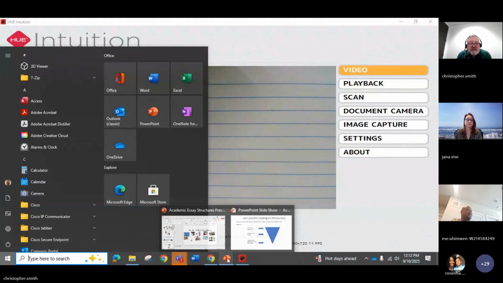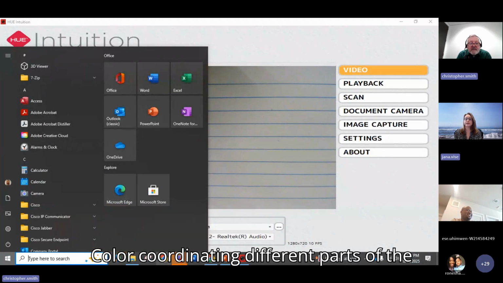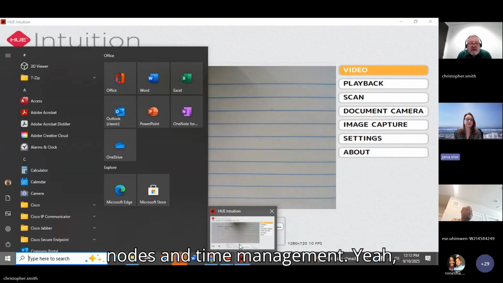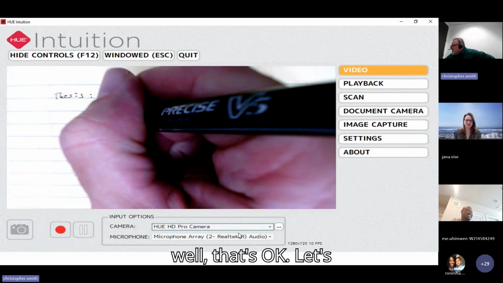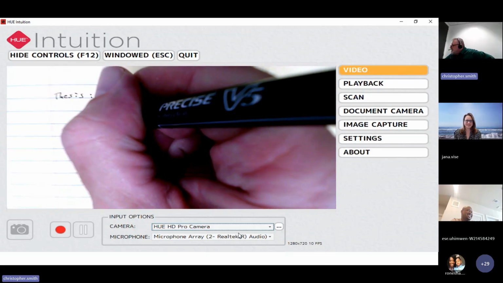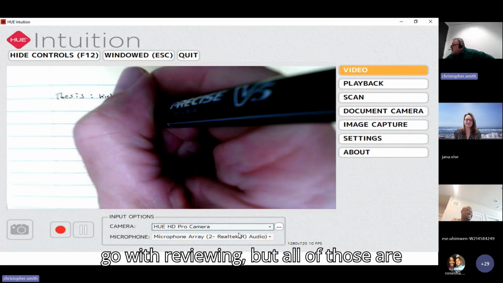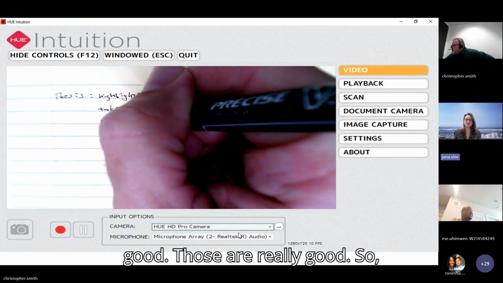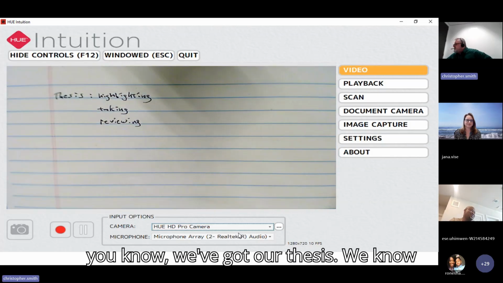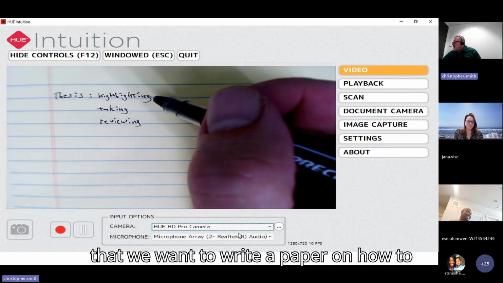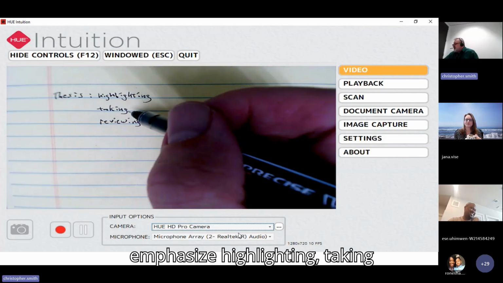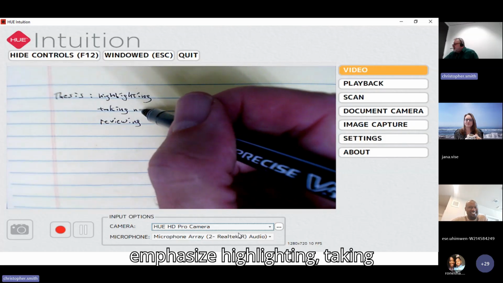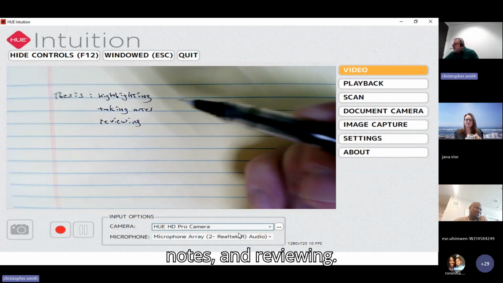Reviewing. Color coordinating different parts of the notes, and time management. Yeah, that's okay. Let's go with reviewing, but all of those are good. Those are really good. So, we've got our thesis. We know that we want to write a paper on how to study for class, and where we're going to emphasize highlighting, taking notes, and reviewing.